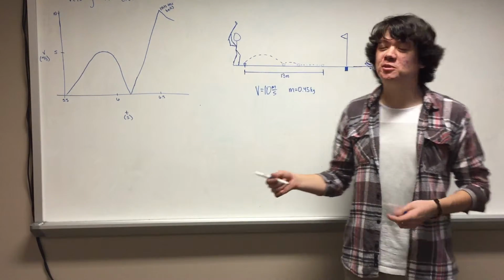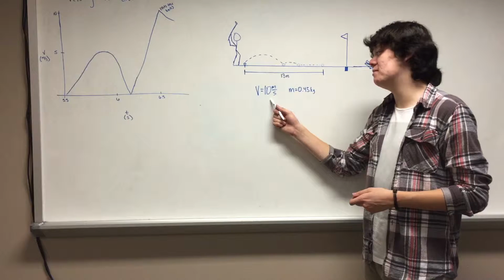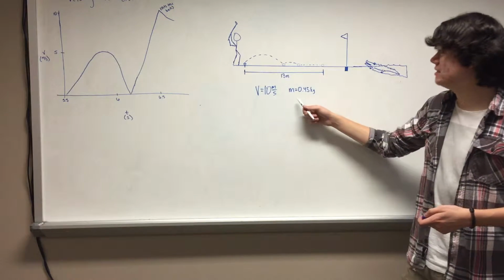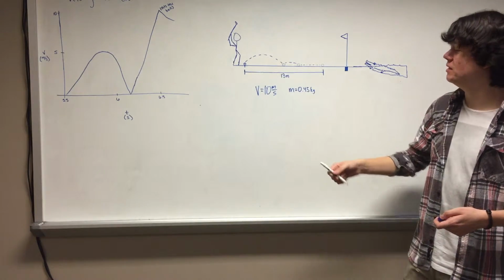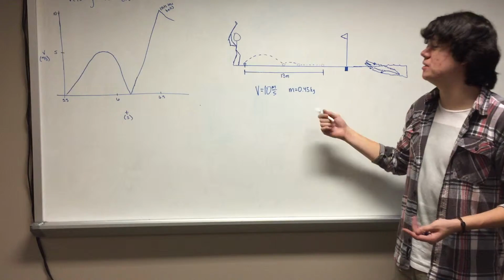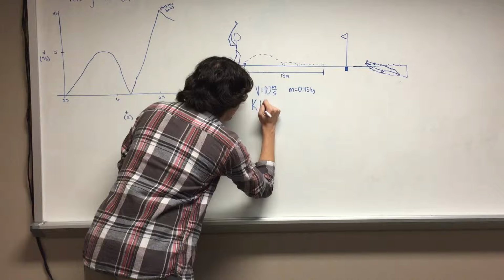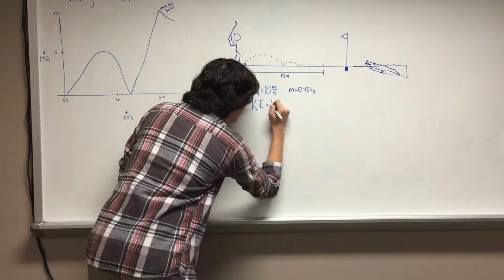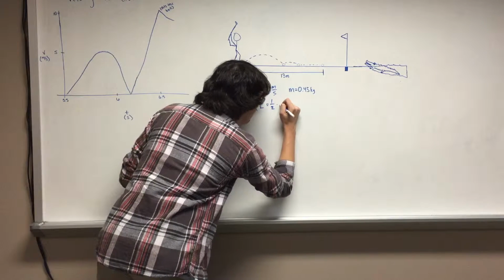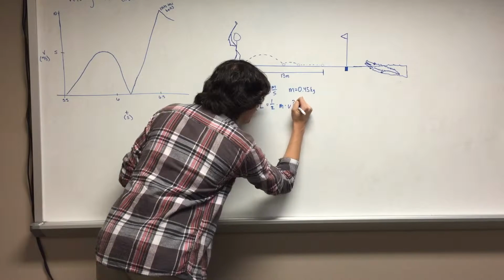As we just found from Tracker, the velocity of the club is 10 meters per second, and we measured the mass of the club to be 0.45 kilograms. Now we can put those two values into the kinetic energy equation, which is kinetic energy equals 1/2 times the mass times the velocity squared.